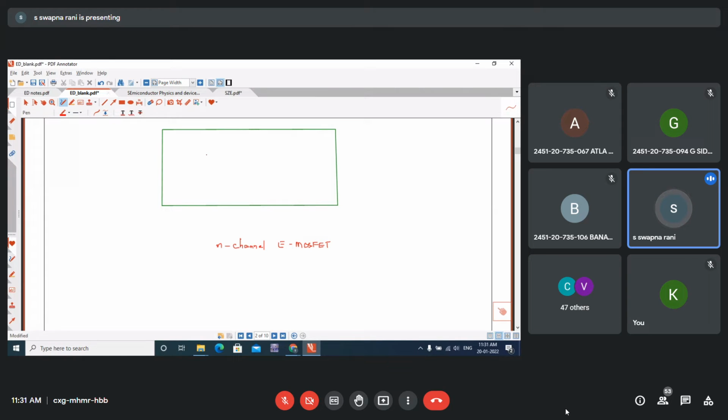So for N channel E MOSFET, we will take a base material or body material which will be the support for the device. So that material we will call the substrate. This is also called a substrate or body, which will give you the support for the device.